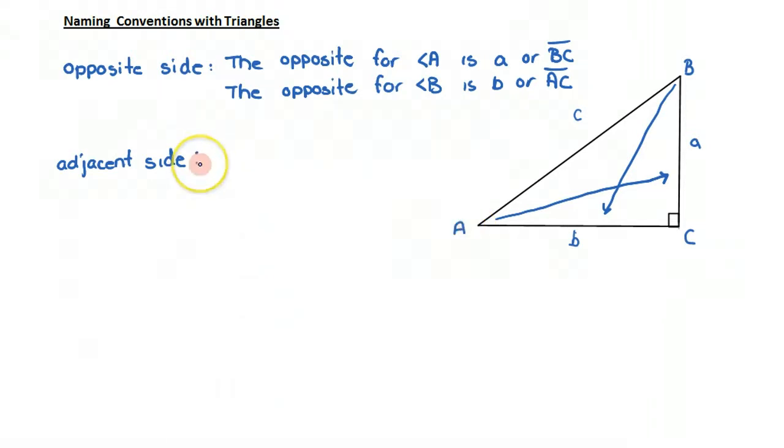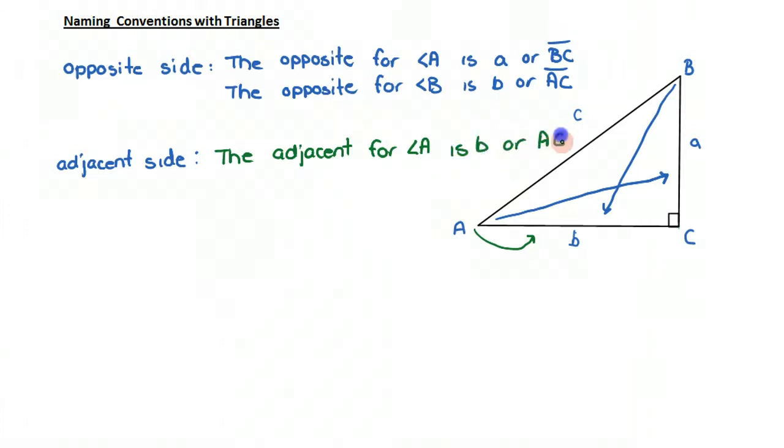So now we talk about the adjacent side, and the adjacent side is the side that isn't the hypotenuse and isn't opposite. So in this case, if I took angle A, the adjacent side would be b. The adjacent side always makes up one side of the vertex where the angle is. So the adjacent for angle A is small b, or we could say AC.